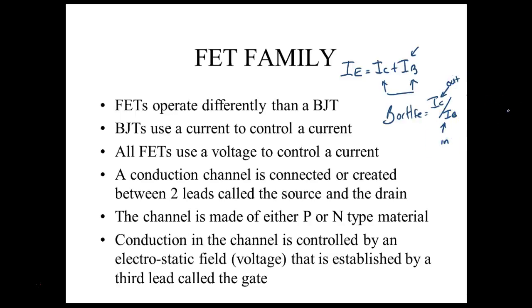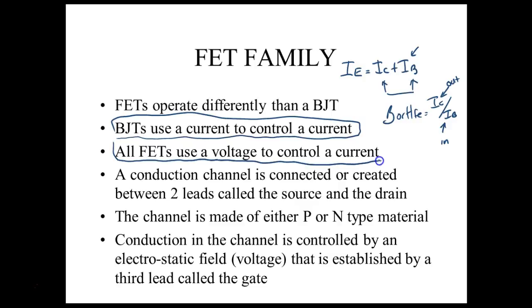So what we do is we put a current into the base, and it in turn creates a bigger current in the collector. So what we get out of a bipolar transistor is current. So in this guy we use a base current to control a collector current or an emitter current. Now all FETs use a voltage to control a current.